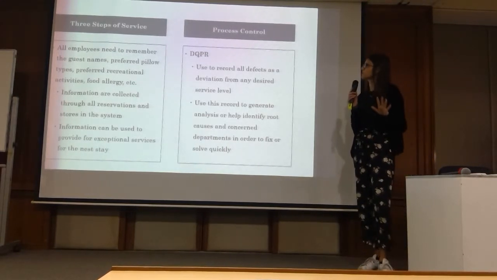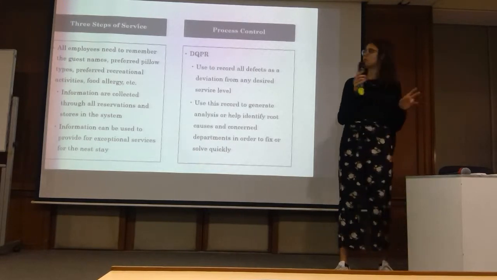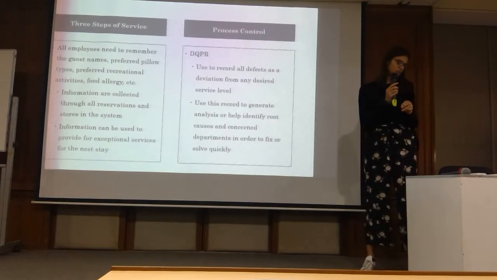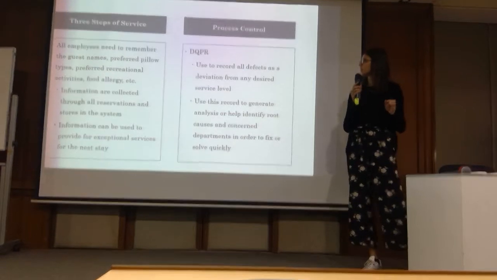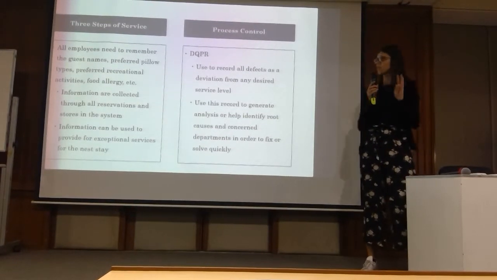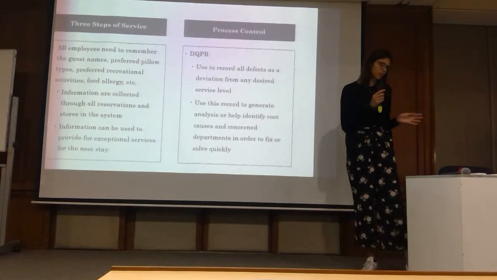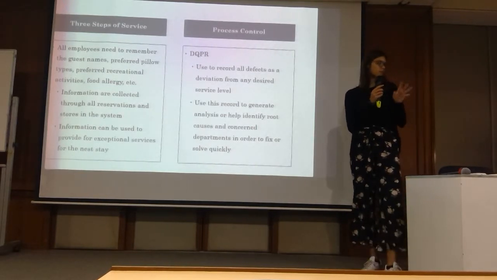Then, in the process control of the company, they have implemented the DQPR. It means Dynamic Quality Production Report, and it's a system used to record all the defects. So they gather, they report, and they track defect data from the desired service level.